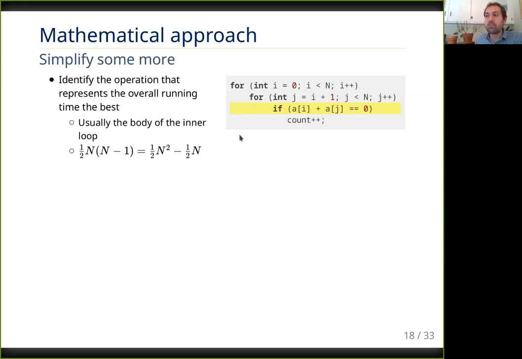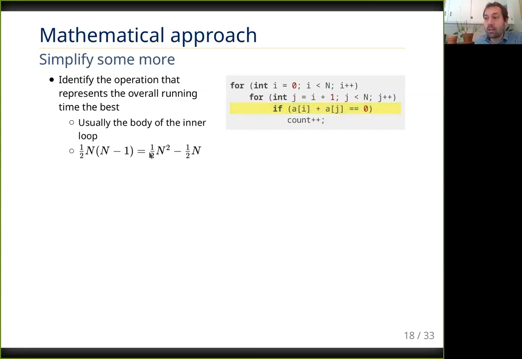First of all, we can try to identify which operation in the entire algorithm best represents the overall running time. And it turns out that what best represents the running time is this if statement, because the core of this algorithm is to evaluate pairs of items and see if they add to 0.